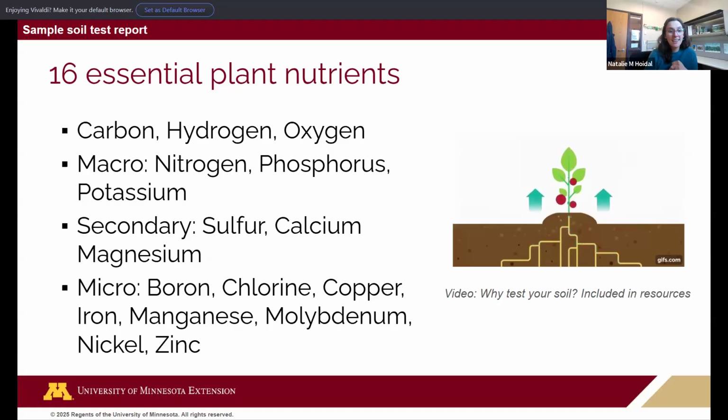And so we're really lucky to grow food in a place where we have pretty abundant micronutrients. And for the most part, people don't test for these things on soil tests, specifically in Minnesota, because they tend to be really abundant. If you're noticing some really specific deficiencies, that's when you might consider testing.